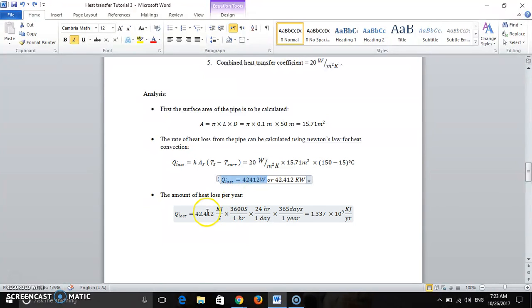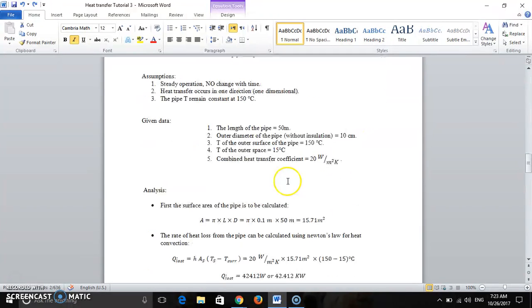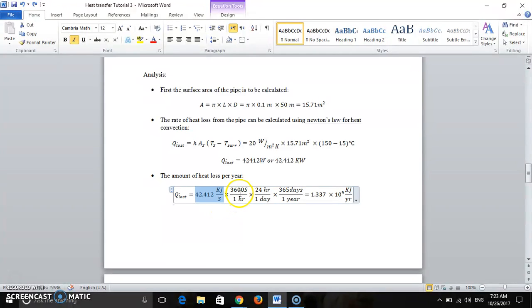So we need to convert this kilojoule per second to per year, because we are talking about annual loss. 1 hour is equal to 3,600 seconds, 1 day is equal to 24 hours, and so on until we reach 1 year. If we do the math, the annual heat loss is equal to 1.337 multiplied by 10 to the power of 9 kilojoule per year.